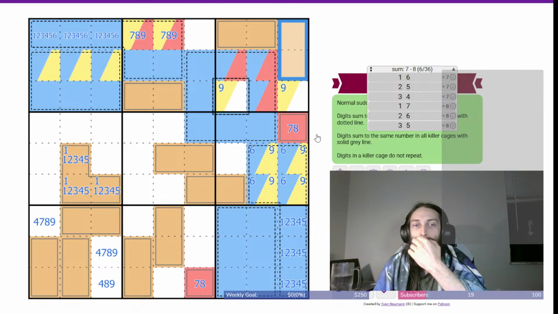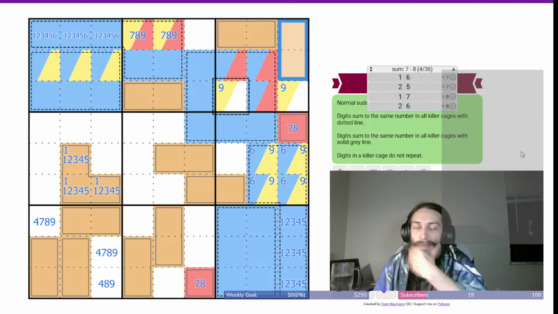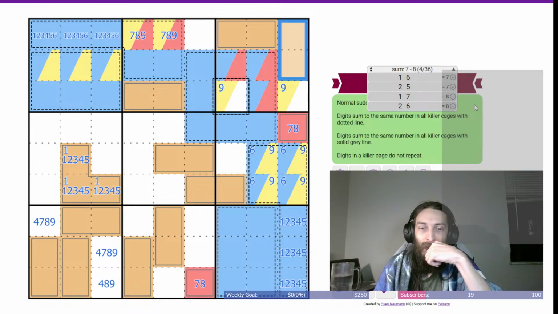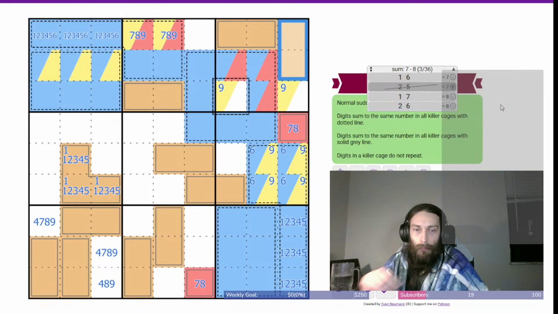So those two have to be either 1, 6, 1, 7, or no, 3. 2, 6. Because if it's 1, 3, 5, you can't. Red has to be 8 and would have to be 2, 6. Okay.